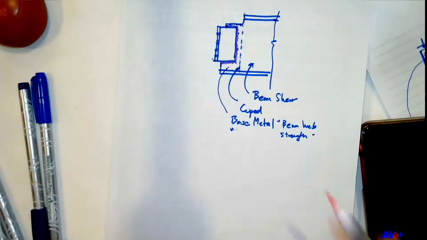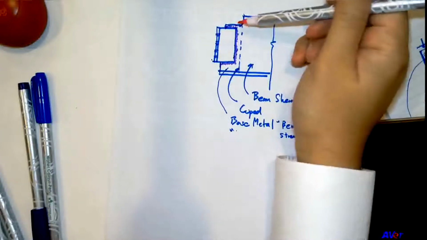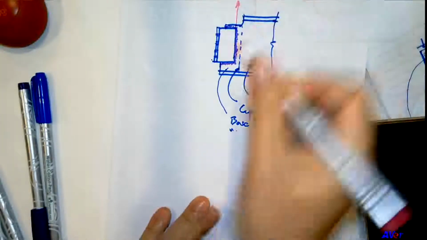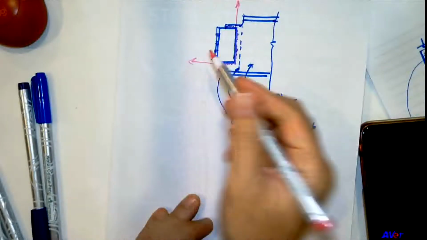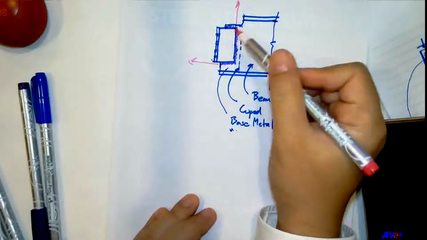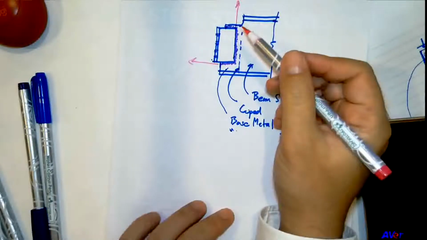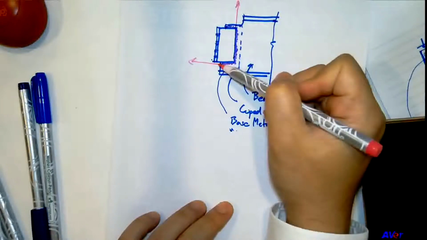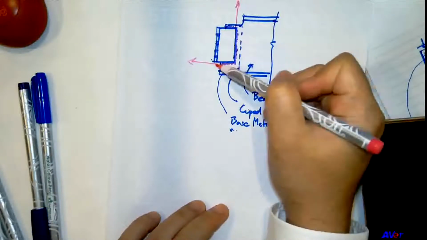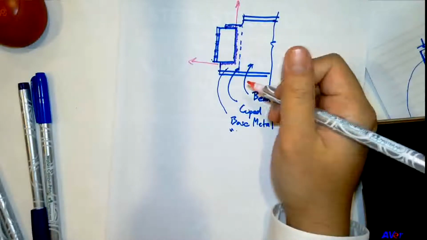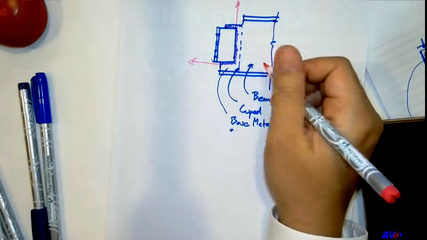Because we weld it like this, and because we have the cope section, this piece, ladies and gentlemen, this beam web, can be sheared off, and that becomes a block shear failure. Right? The piece of the beam web behind this weld line can be sheared off. So that is the block shear failure.